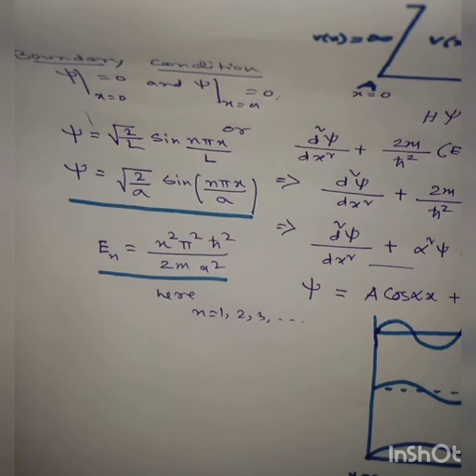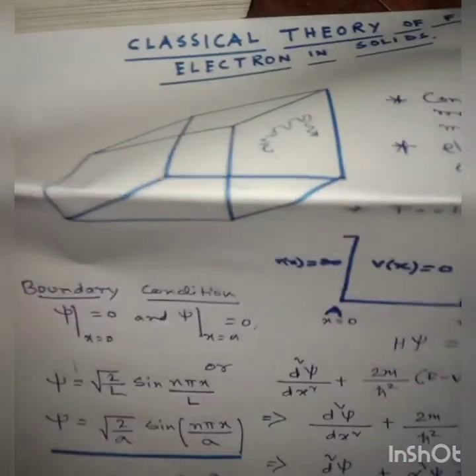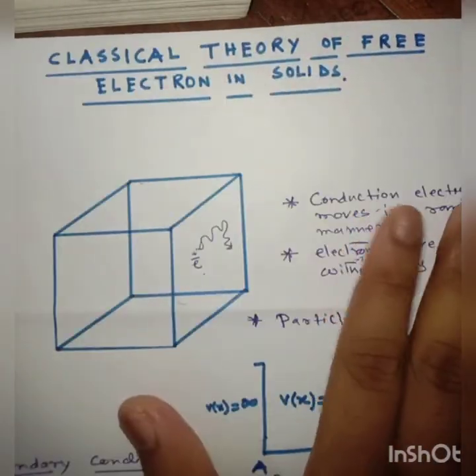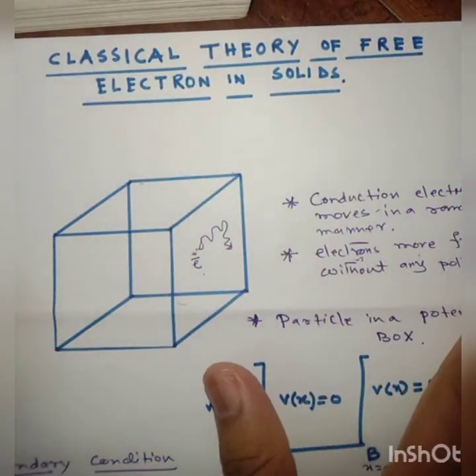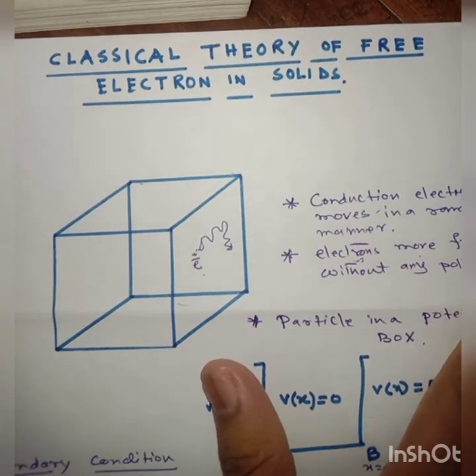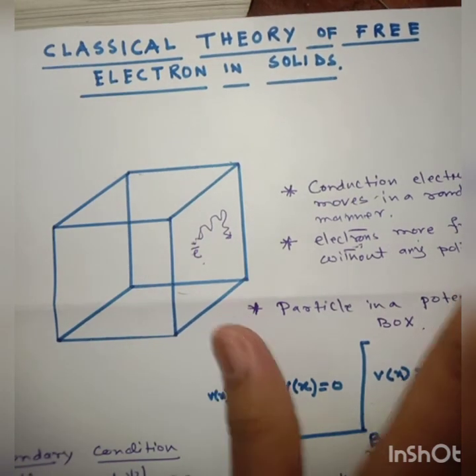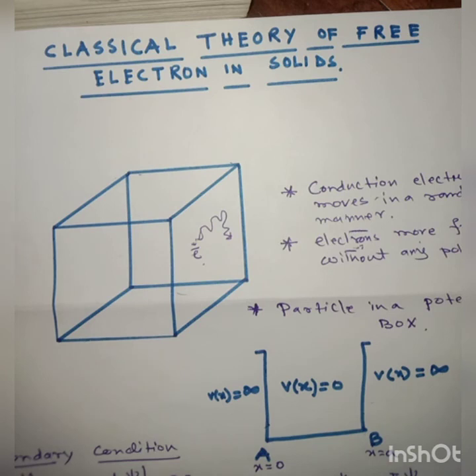Later on we will see that this classical theory of electrons can't explain several other phenomena, for which we have to accept another theory, called quantum theory of electrons, which can explain the behavior of conduction electrons in a metal easily.